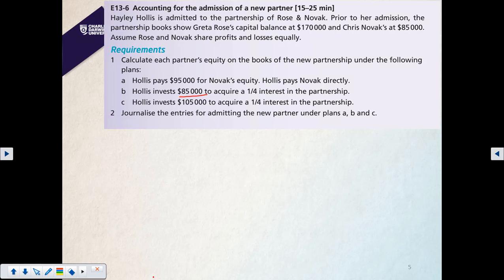That means no one is going out from the business, everyone is staying in the business, and the new partner is coming. Is that correct? So the first one, Rose, and Novak already have $85,000.